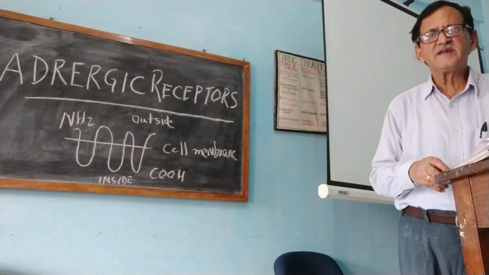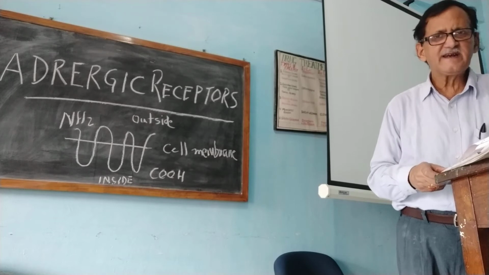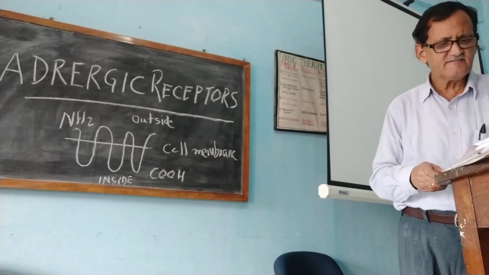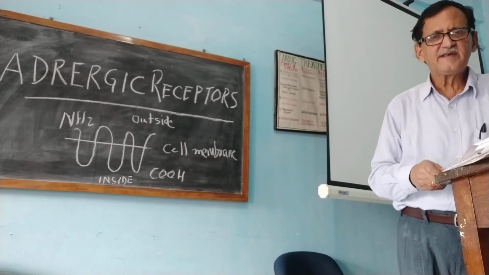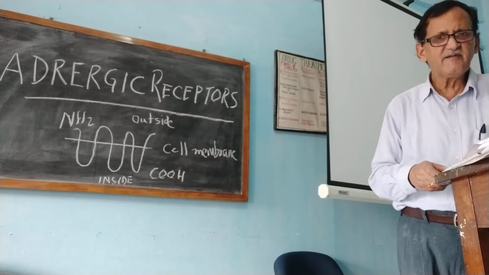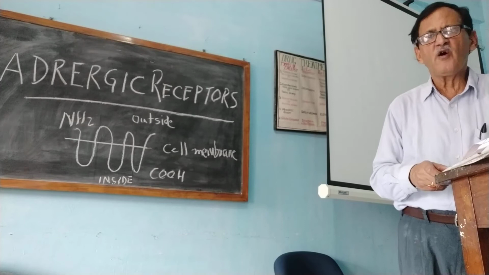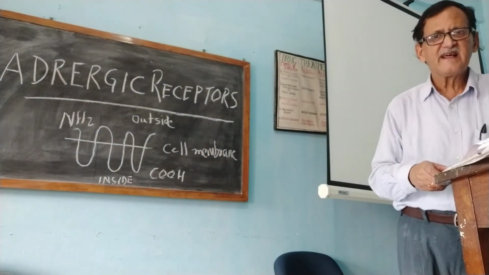Now we come to their locations. They are located in the central nervous system, in the nerve endings, usually presynaptic, and on effector cells, that is called postsynaptic.